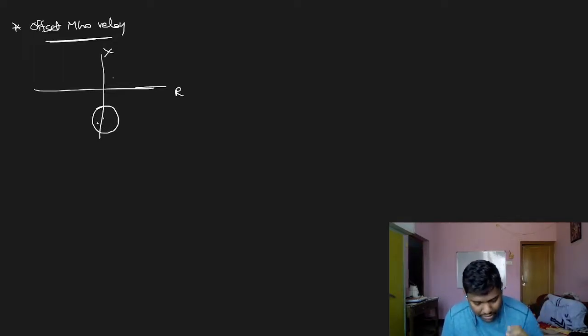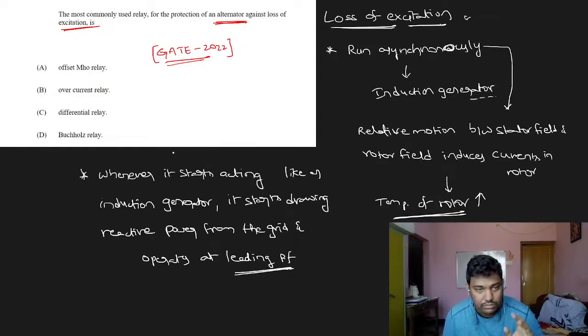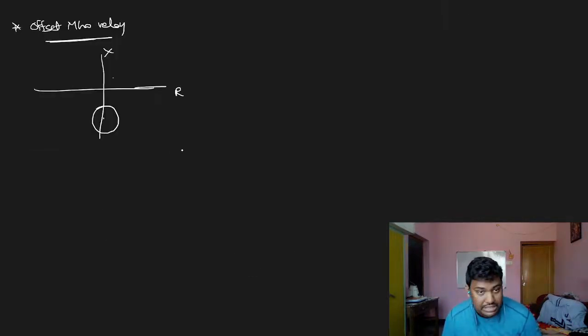And whenever excitation is lost suddenly, what happens is when excitation is lost below a particular level, then offset mho relay will come into action. What happens is that typical characteristics of alternator during loss of excitation will be shifted here. Offset mho relay will have characteristics here.